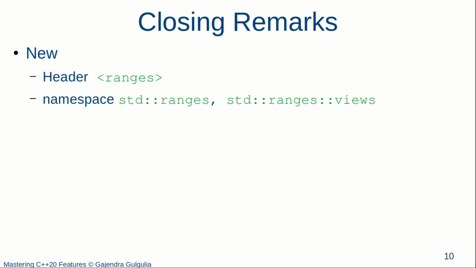Before I end this lecture, I would again like to emphasize a few more points that were already covered in the code examples and in the previous lectures. Ranges in C++20 are provided in the new header called ranges, which we should almost always include when using the ranges algorithm. And to use the ranges algorithm, we need to scope the algorithms with the namespace std::ranges or std::ranges::view.